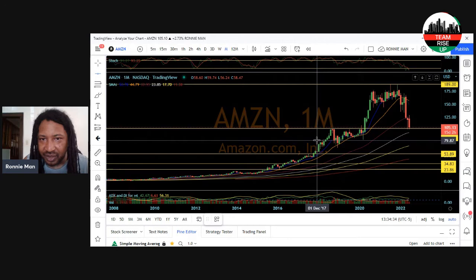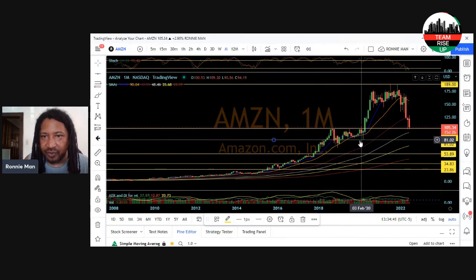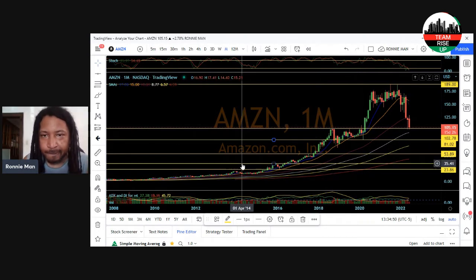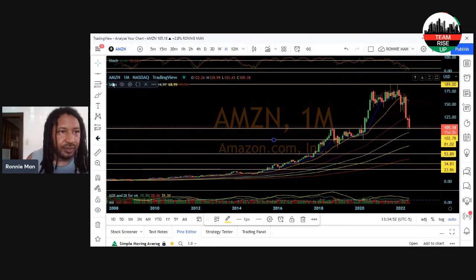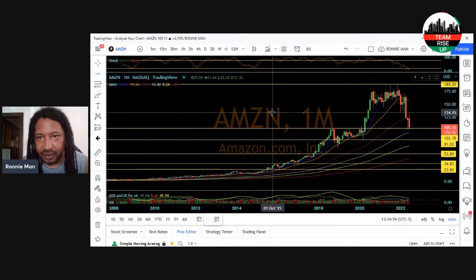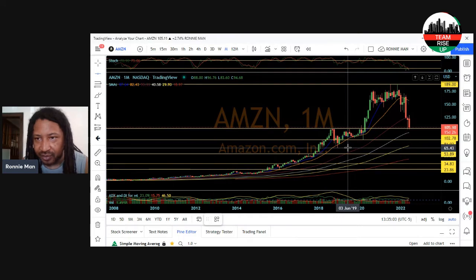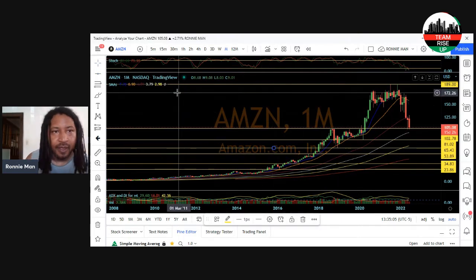So I'm going to put it right here, because over here I see that this once resistance did turn into support. Okay, so let's keep it going. Now we're up here. I put one there. Then we got a nice pullback to this level. This is another support level. Bloop. All right.